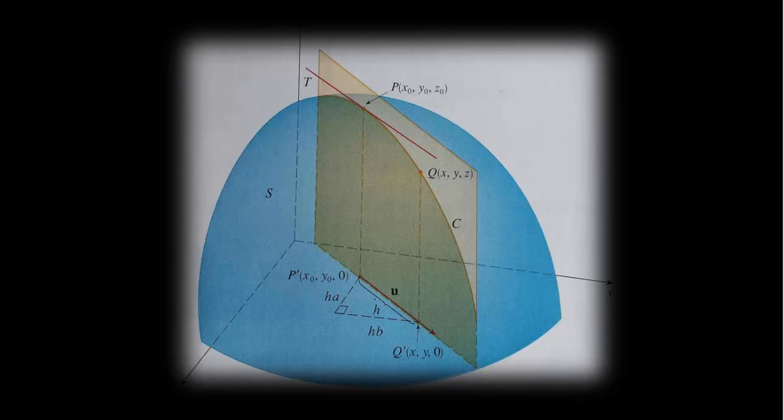We've got this surface here that's in blue, and it's labeled with an S. And you notice down here there's a vector, labeled u, and it's on a line. It's in the direction of this line down here.